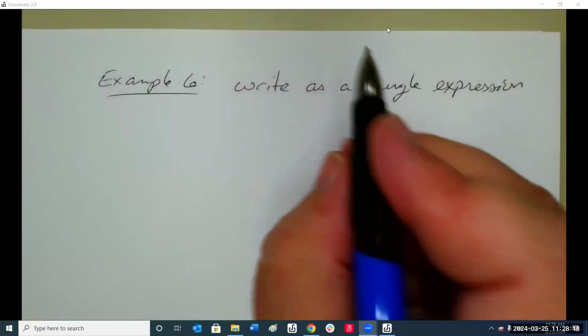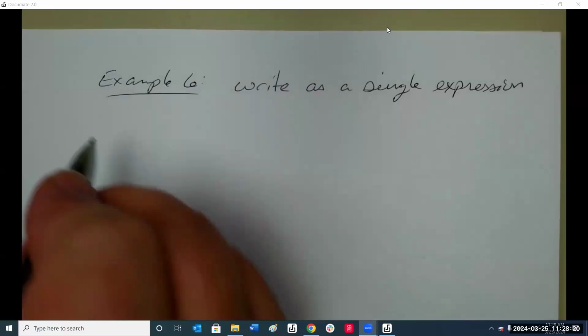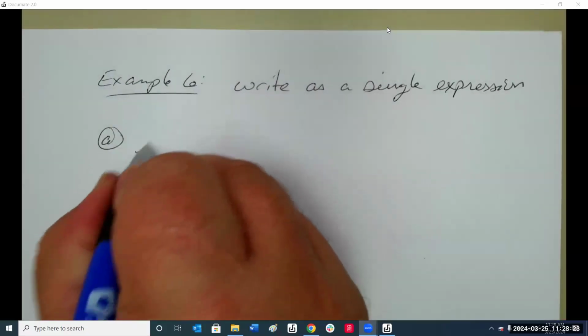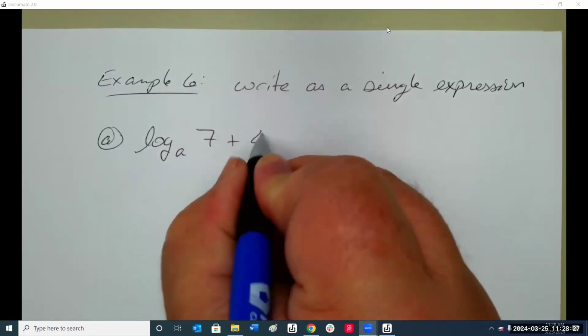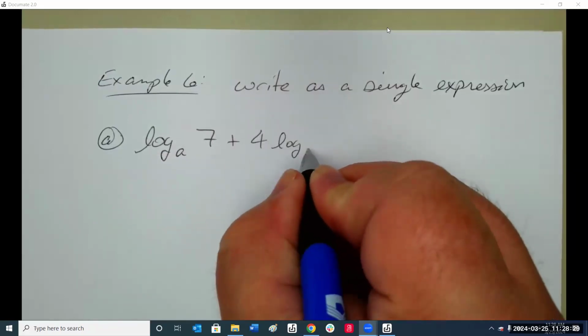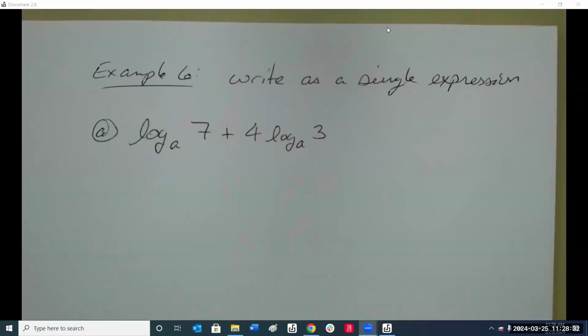Write as a single logarithmic expression: log base a of 7 plus 4 log base a of 3.